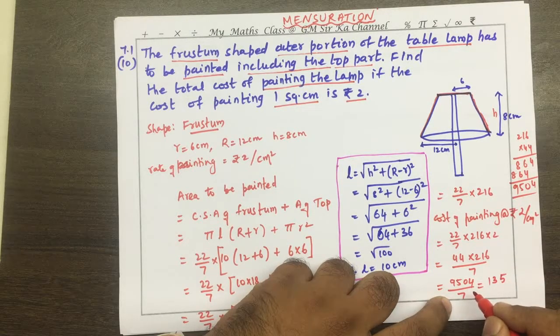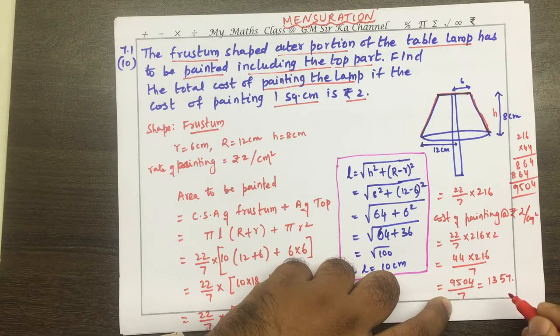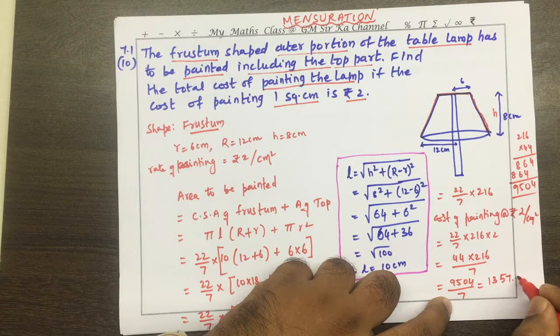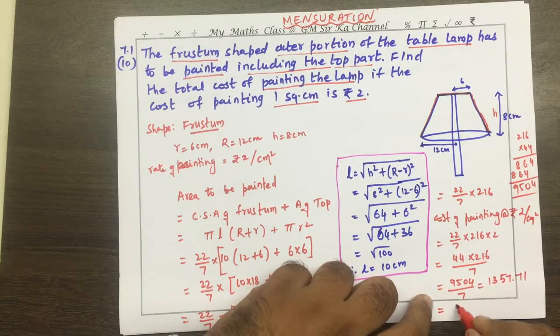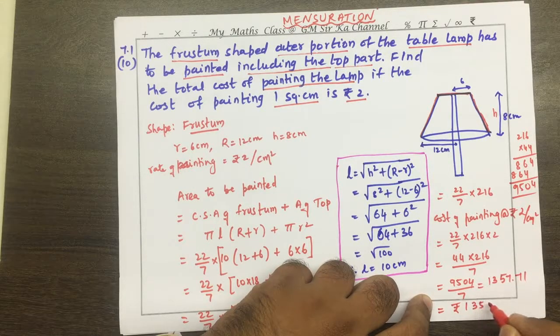The same way, when you divide completely you will get a decimal number, and we will get the cost of painting as rupees 1357 and 71 paise. That's it in this question.